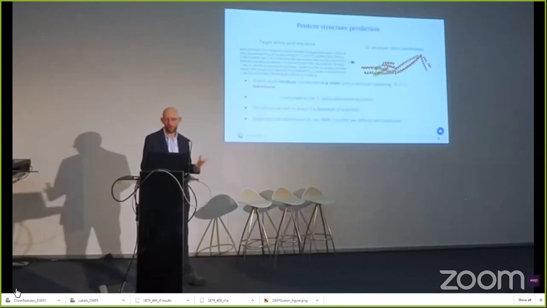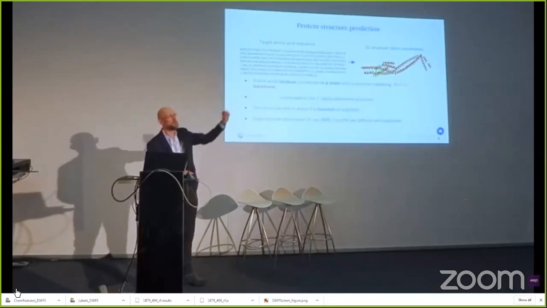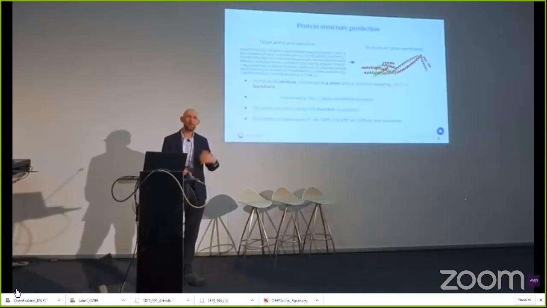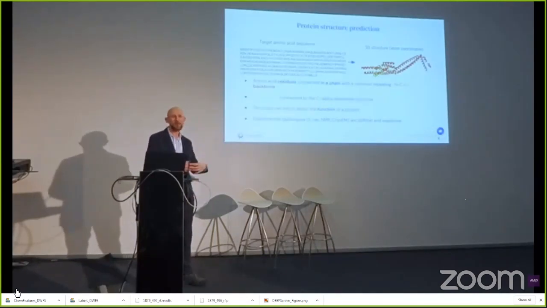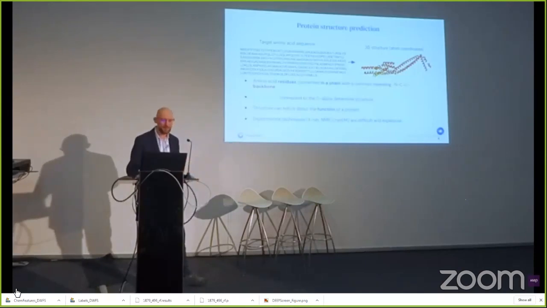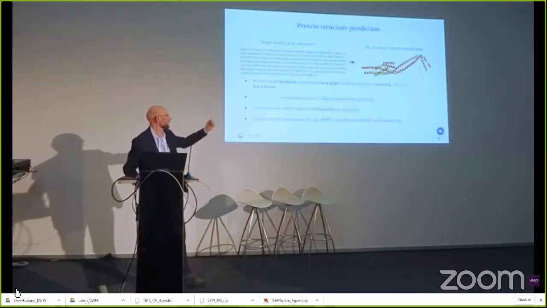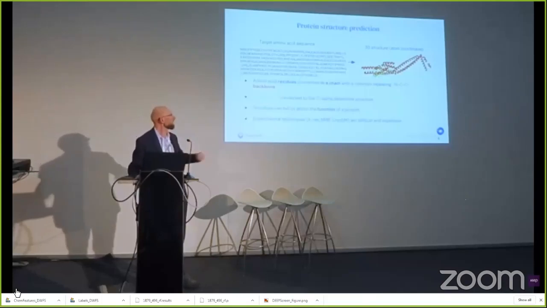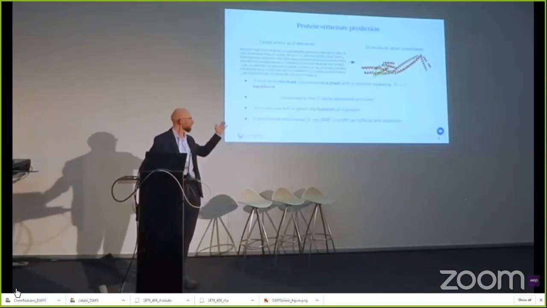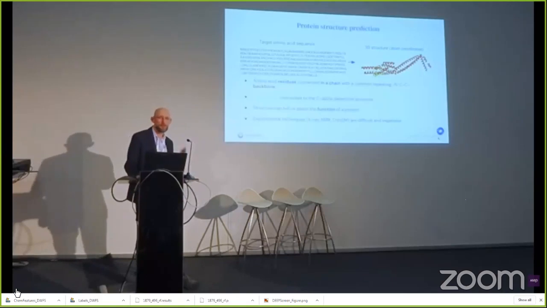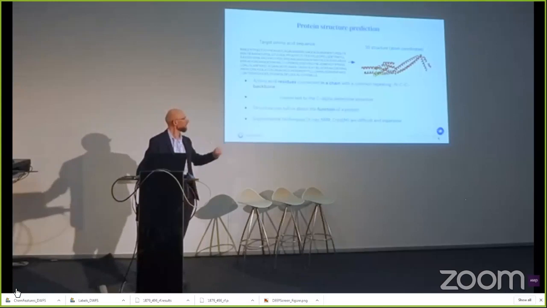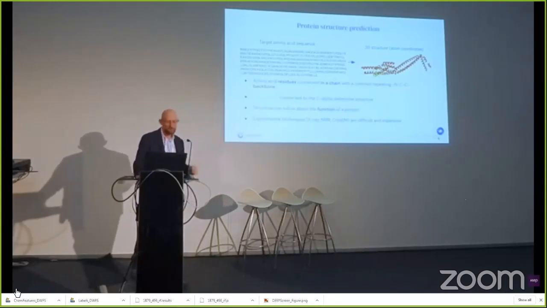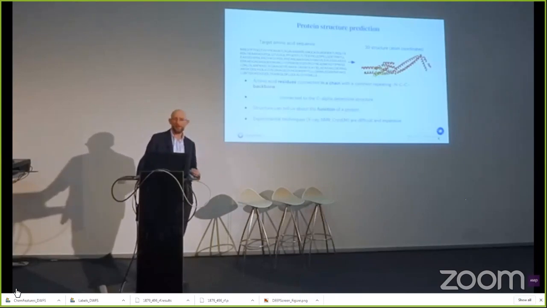So the problem that we're trying to tackle is going from a string to a set of three-dimensional coordinates, at least one per residue, per amino acid, but ultimately the coordinates of every single atom. We want to do this partly to understand the function. There are experimental techniques. For 70 years, people have been working on experimental techniques to solve protein structure, originally X-ray diffraction, but also NMR and cryo-EM, which is very popular these days, but they're still very difficult and expensive.